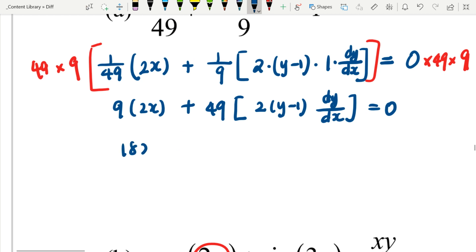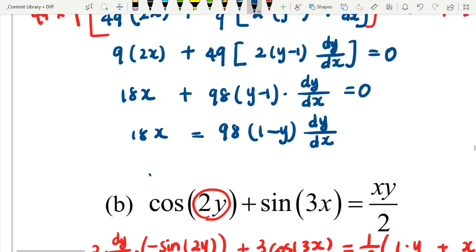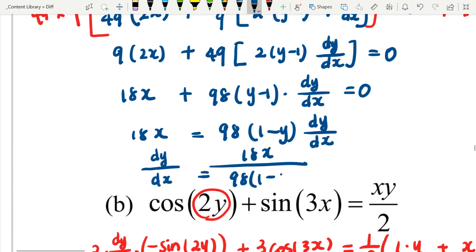So we have 18x plus 98 y minus 1 dy dx. So 18x equals 98 times 1 minus y dy dx. Dy dx is 18x over 98 times 1 minus y.